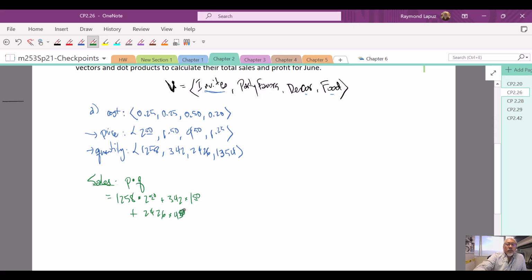This is $4.50, and then last, the food items. There's 1354 food items selling for $1.50, or I'm sorry, $1.25.